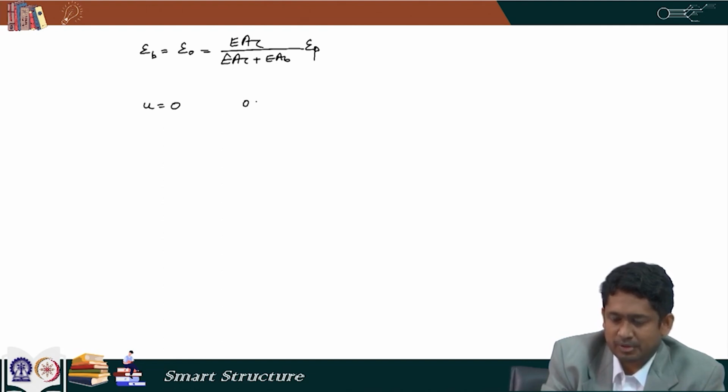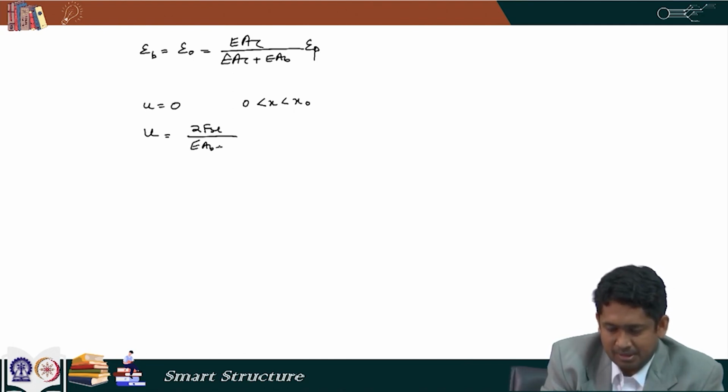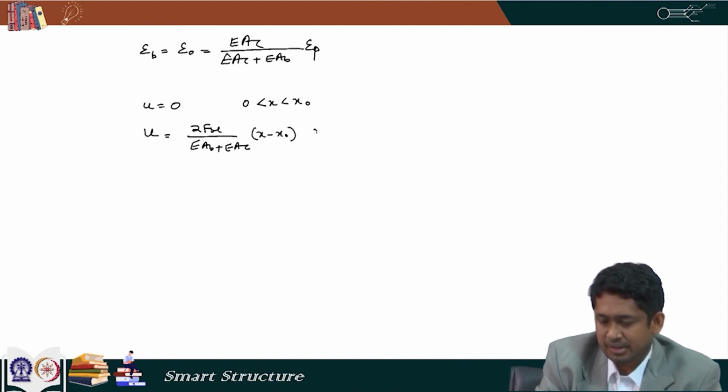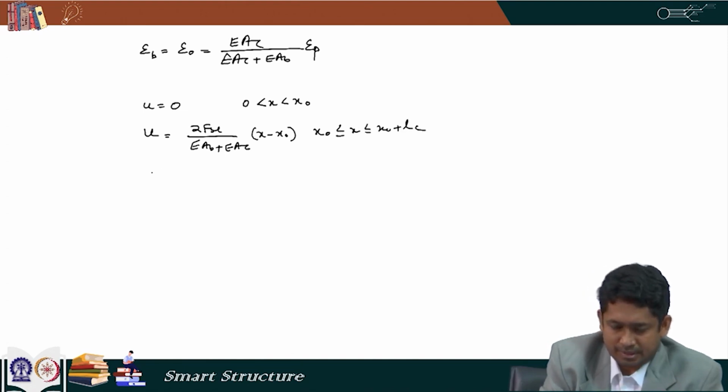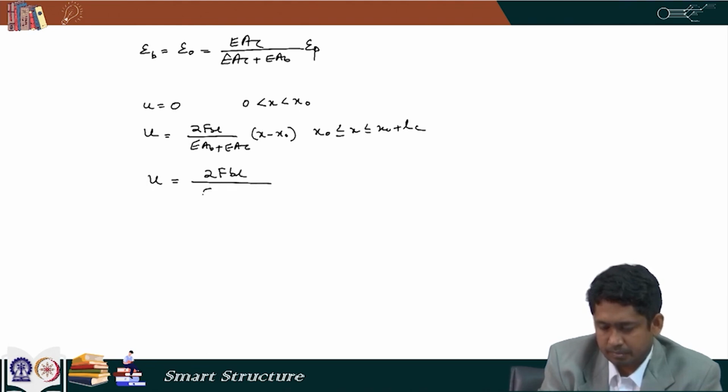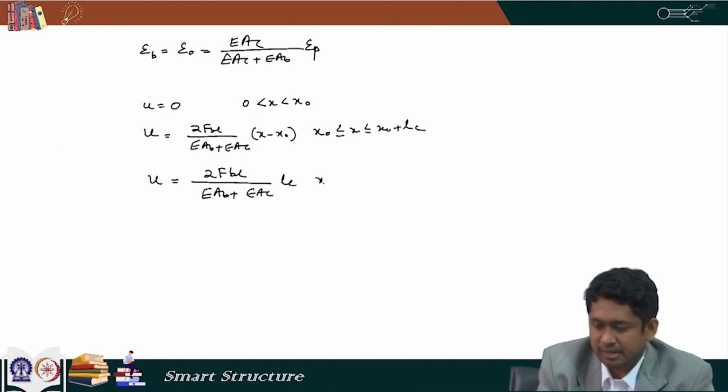U would be 0 when x is less than x 0, and u is going to be EAB plus EAC multiplied by x minus x 0 when it is in the piezo region, and u is going to be a constant multiplied by LC when x is greater than x 0 plus LC.